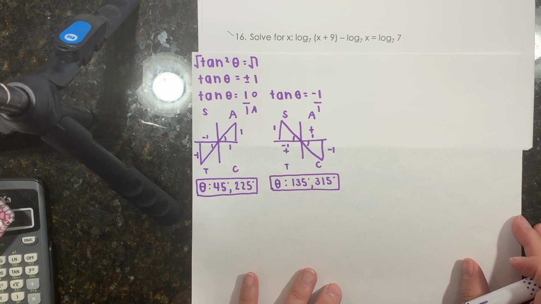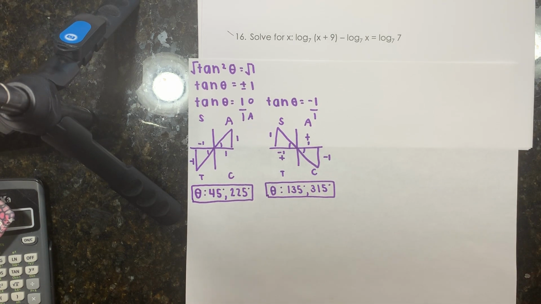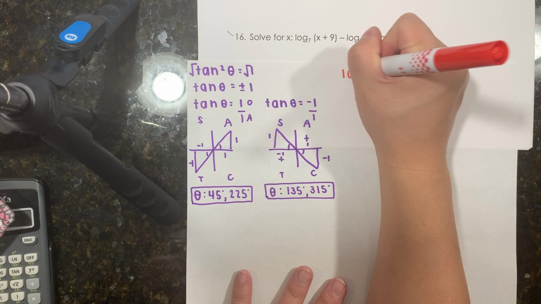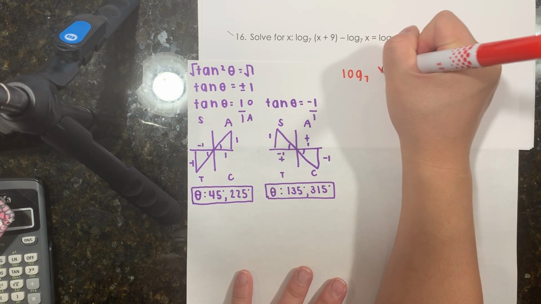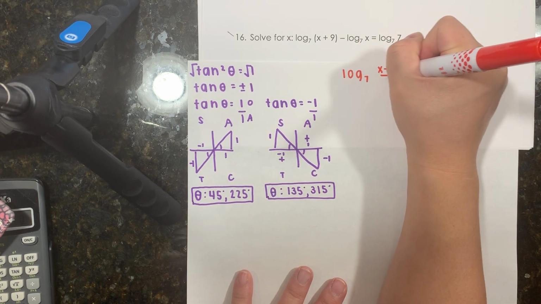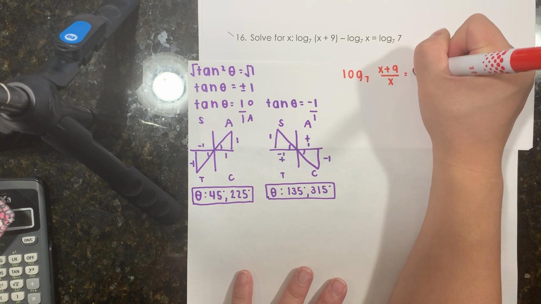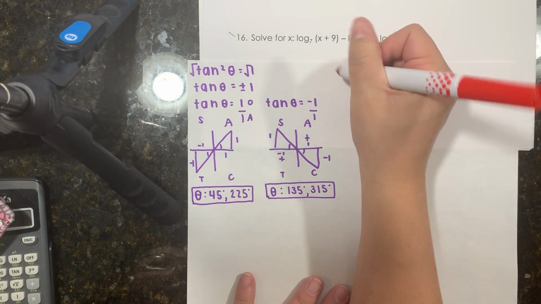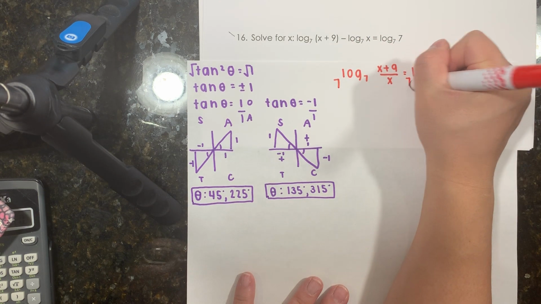Now moving on, the question is for number 16, not number 15. So for number 16, I see a minus sign between my logarithms, which means that I'm going to divide. So that would be log base 7 of (x plus 9) over x equals log base 7 of 7. Now to get rid of the log base 7, I'm going to raise both sides to the power of 7.